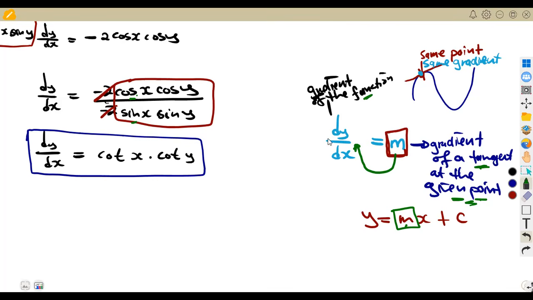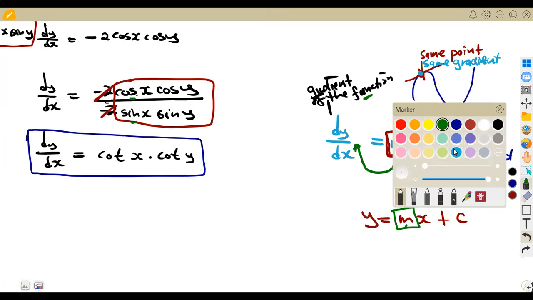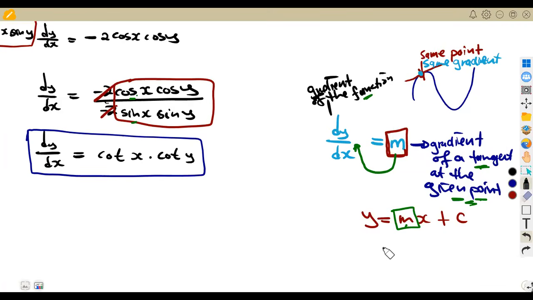Meaning to say you are supposed to substitute the point that you are given here to find the gradient, which is m. So that was the stage there. Remember, we are given our point there. It was given as pi over 4, meaning to say we have the value of x and the value of y. Once you are given these values of pi, it means we are referring to radians in this case.